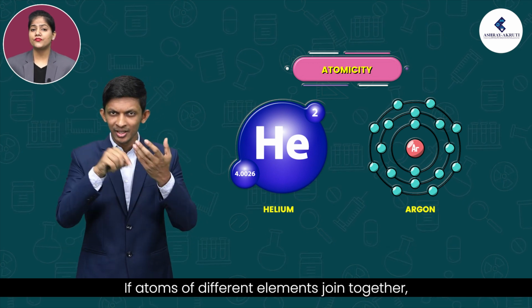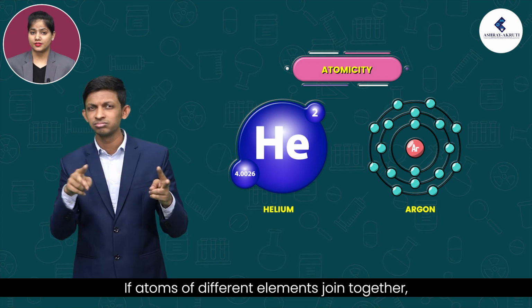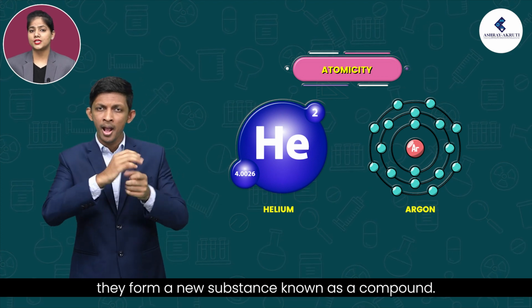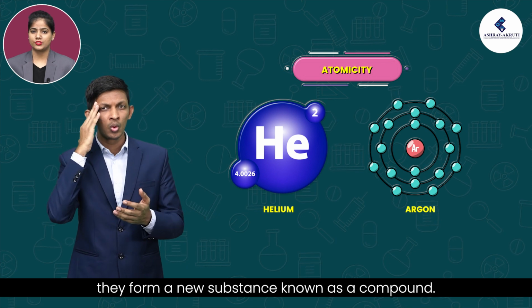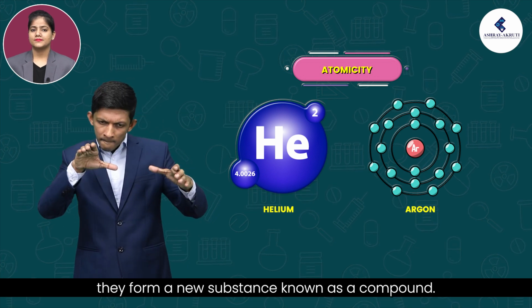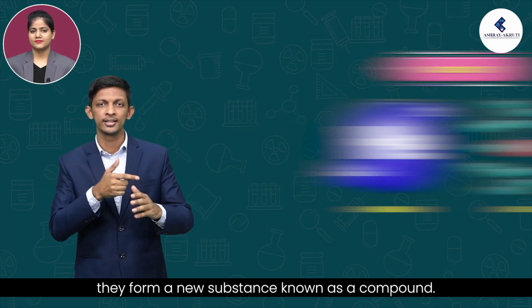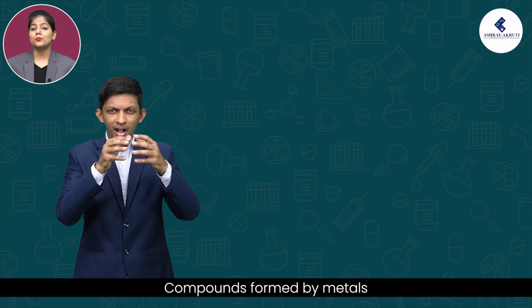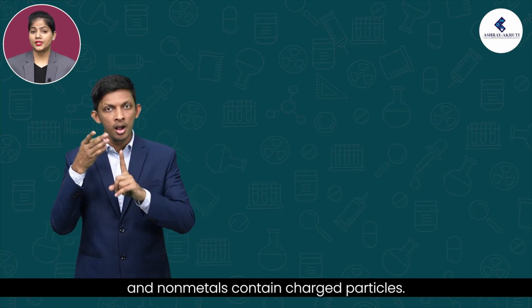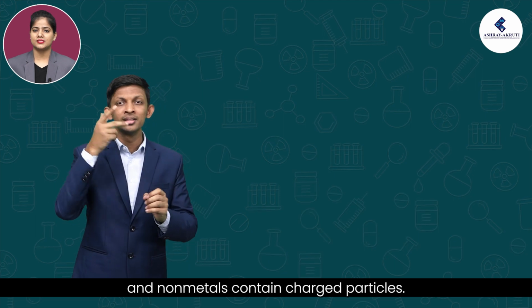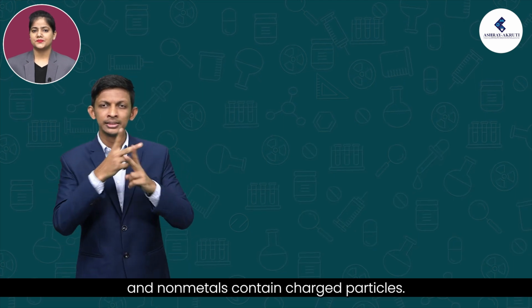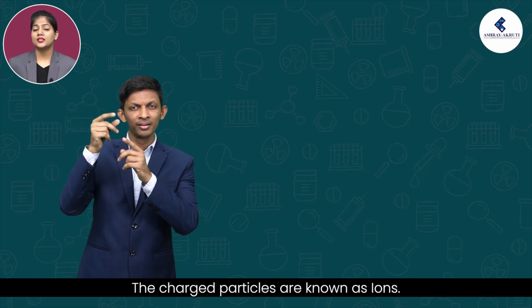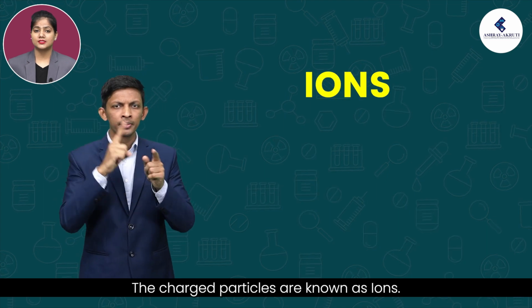If atoms of different elements join together, they form a new substance known as a compound. Compounds formed by metals and non-metals contain charged particles. The charged particles are known as ions.